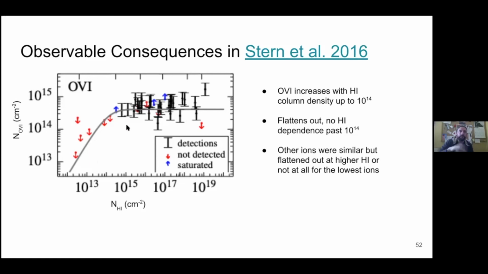And if you go through a really high density cloud with a lot of H1, you're not getting any more oxygen 6. The reason is that in that cloud, you're getting lower ions. So you're getting low ions inside of these bigger oxygen 6 clouds. And that explains why this flattens out, and also why any ion is going to flatten out. Once you go through its cloud, you could still go through denser clouds inside it, but those are going to give you just different stuff, lower ions.